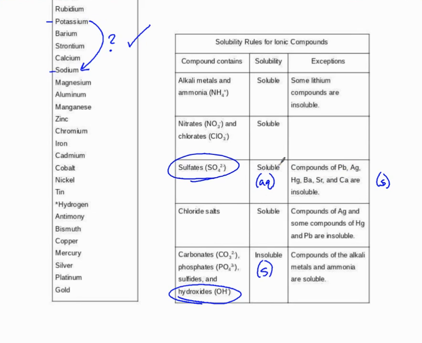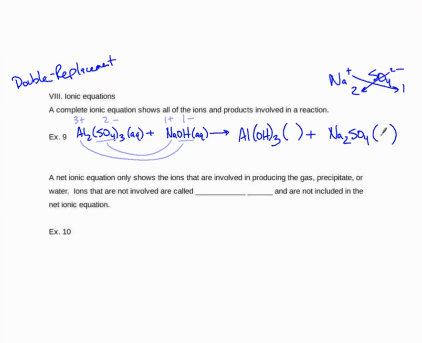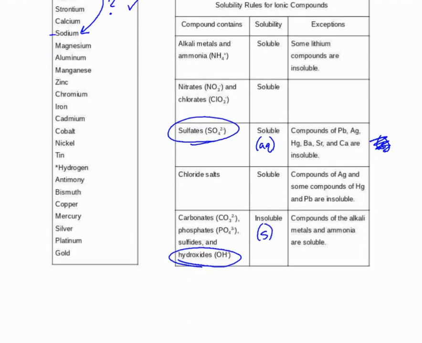So this one is going to be aqueous, our sulfate, aqueous. And our hydroxide, so a compound that contains hydroxides, is insoluble, and we just have to double check. Is aluminum one of the exceptions? And no, it's not. So it's going to be solid.